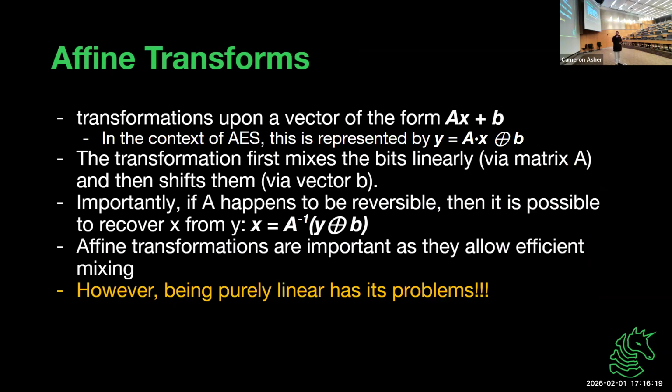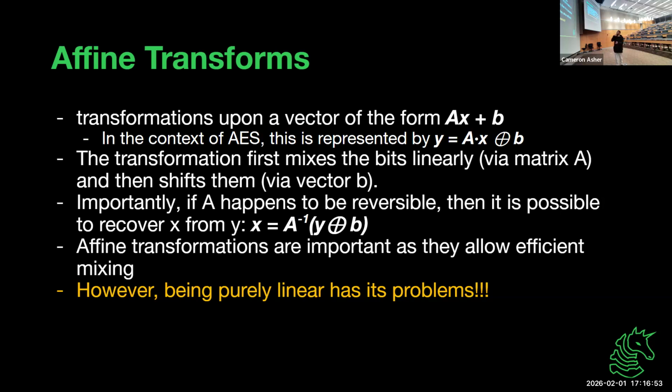So what happens if the S box, I made a big deal about it being nonlinear, but what happens if it is a linear map? Since the first two operations are both linear or affine maps, in this context it just means we're multiplying by a matrix and then possibly XORing it with a number, like when we add the round key.